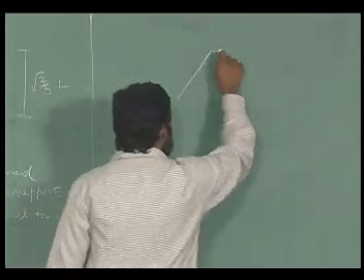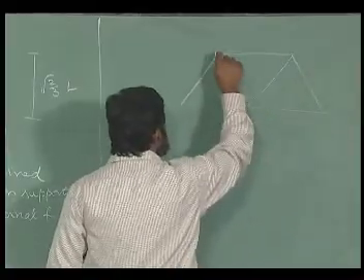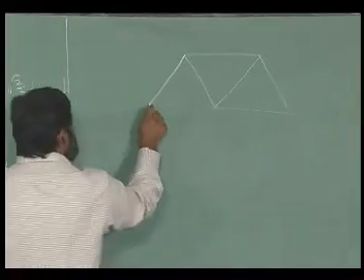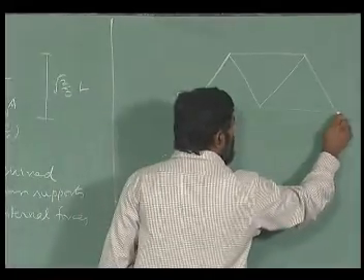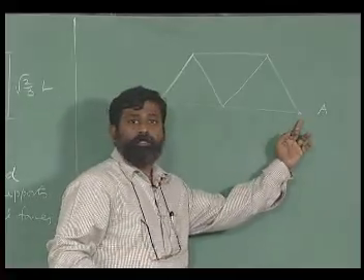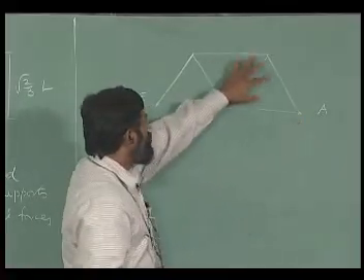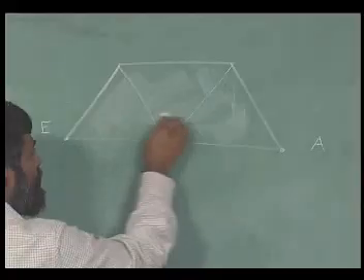Let me redraw now. I have removed the support at E, I have removed the support at A. I am not bothered about the others, so I am just going to take it as a particular body.